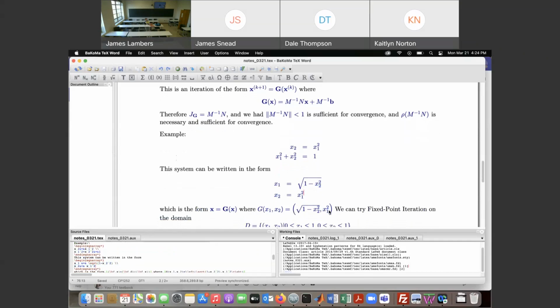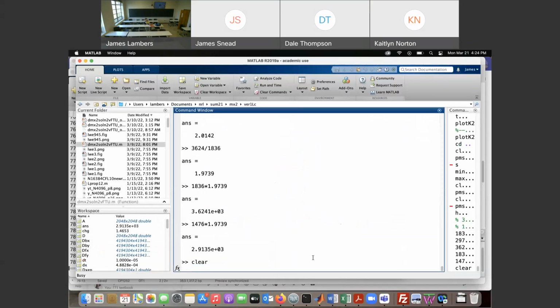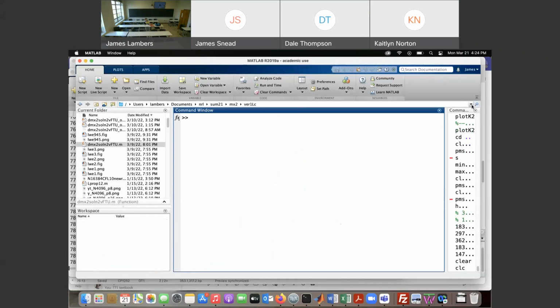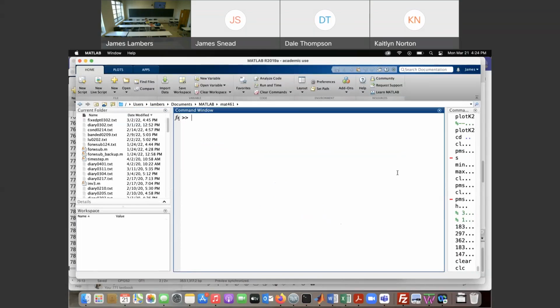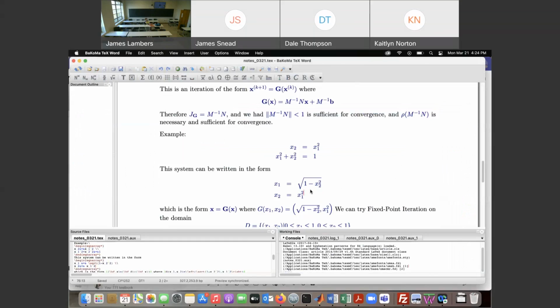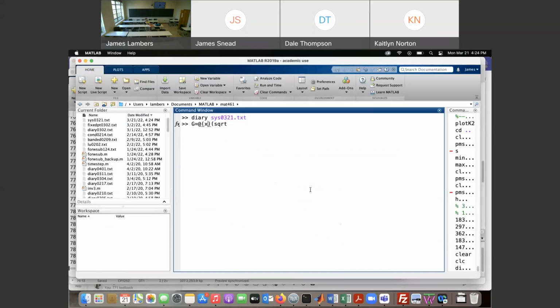So, let me see if I can try this. I'll define g as a function.